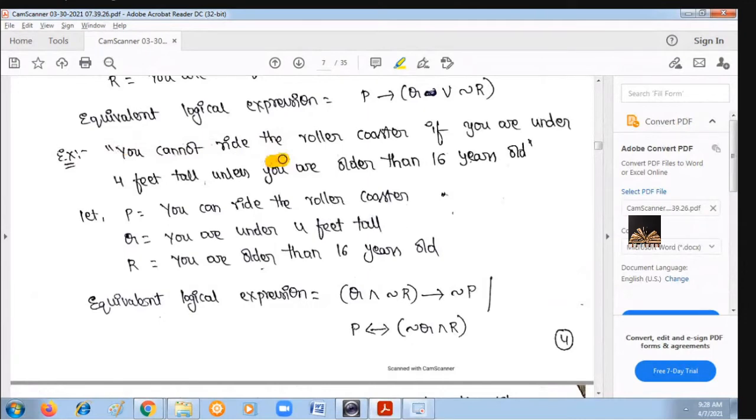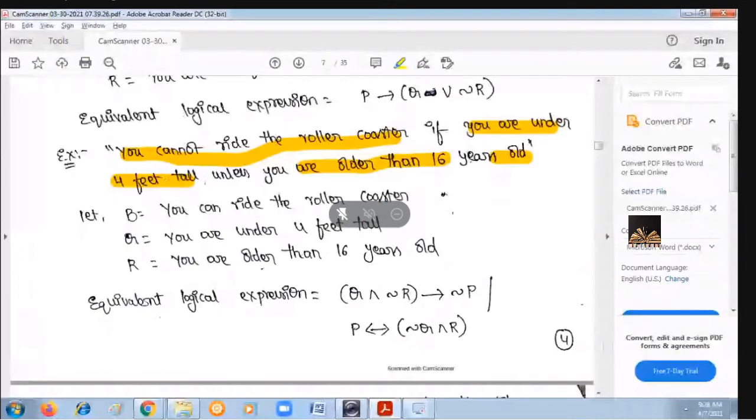So I'll equate the statement you can ride the roller coaster to a variable P. Similarly, you are under 4 feet tall will be equated to Q. And I'm equating the third statement, you are older than 16 years old, to one more variable R. Now write the expression.